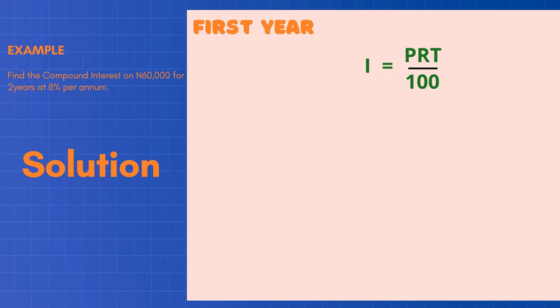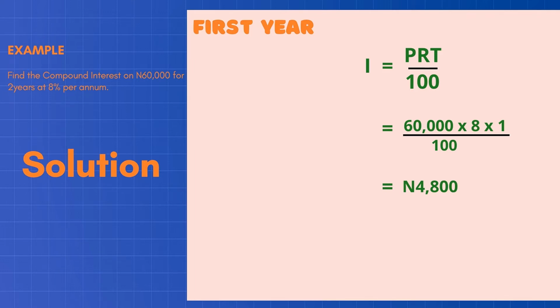You substitute the values of P, R, and T respectively to have I equals 60,000 times 8 times 1 divided by 100. Multiplying 60,000 by 8 and dividing by 100, you have your answer.